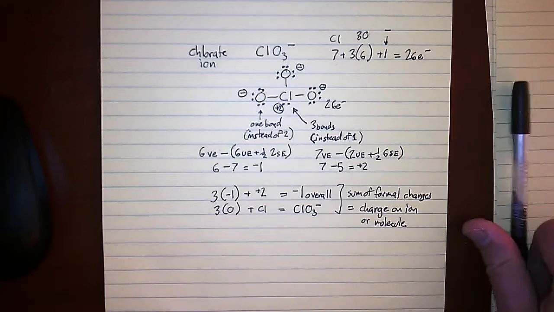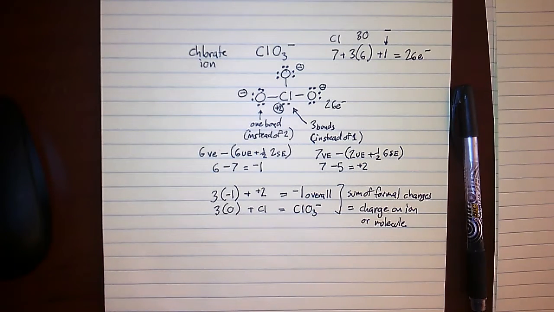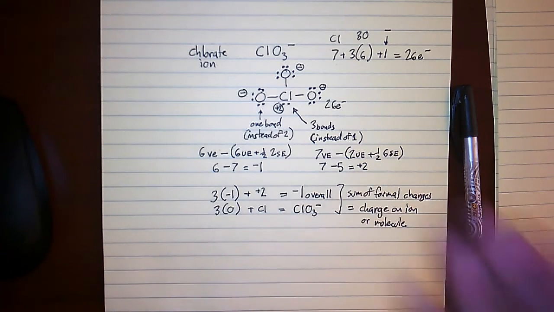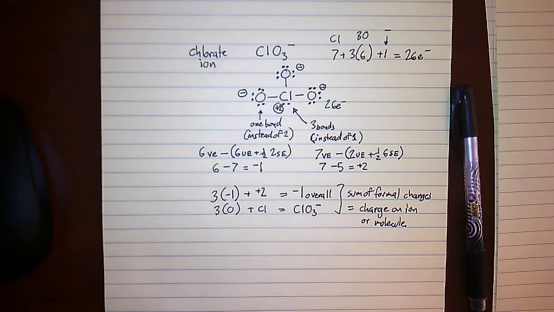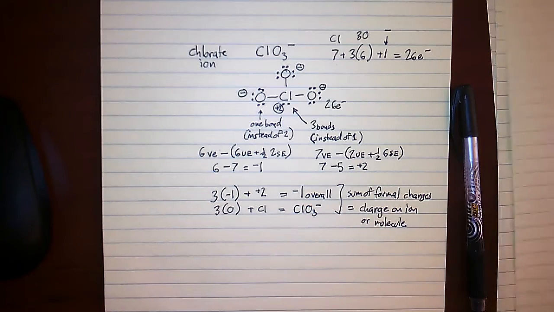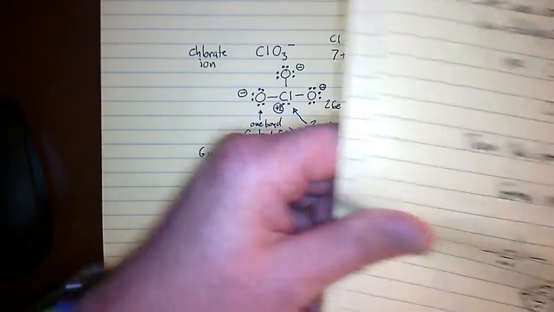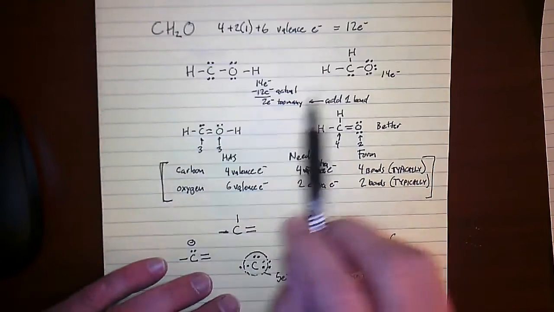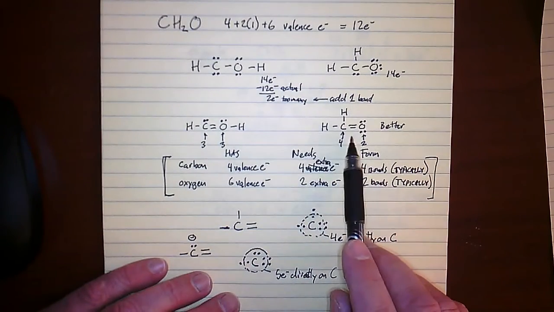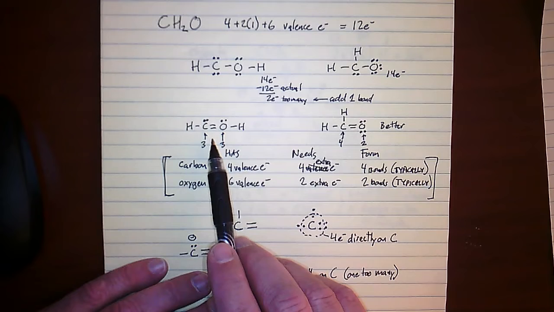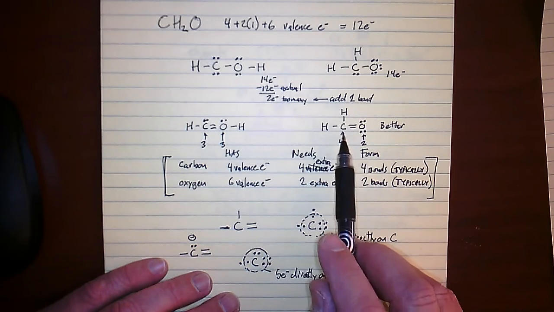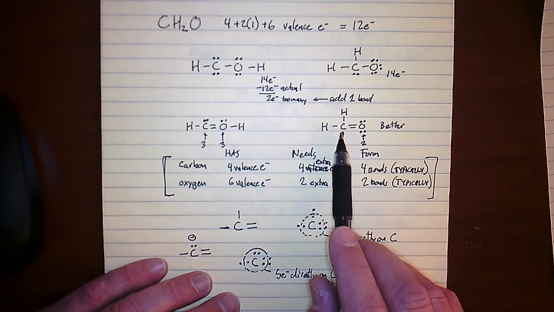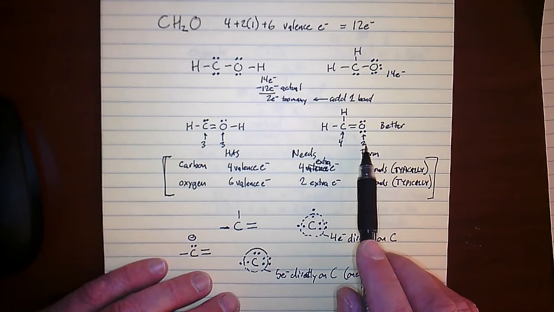Okay. So formal charge is a way of assessing how the electrons are distributed within a molecule or ion. And if we look back where we started with all of this, we can use it to decide that this is a better structure than this, because on this one we have no formal charge, carbon forms 4 bonds and oxygen forms 2.